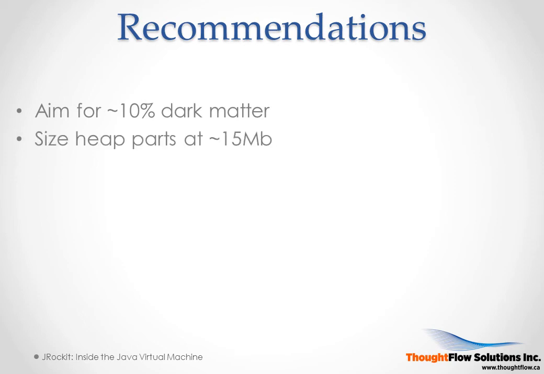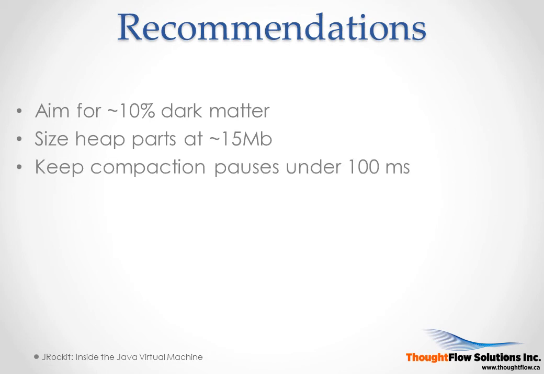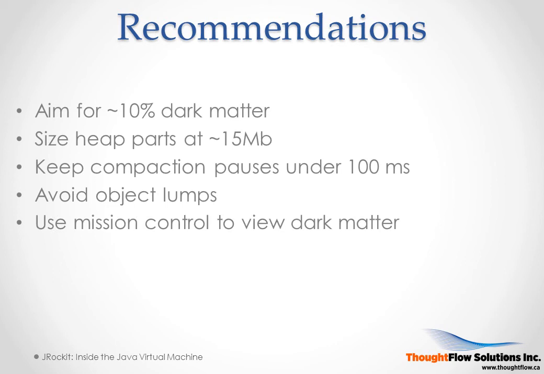The heap parts should be sized at around 15 megs each. And compaction pauses should never account for more than 100 milliseconds. You also want to avoid object lumps. This is when there's too much density in every part, which will really slow down the compaction for future compactions of that part. Mission Control is always a good idea to use to view the dark matter.